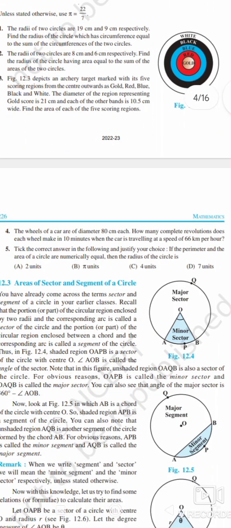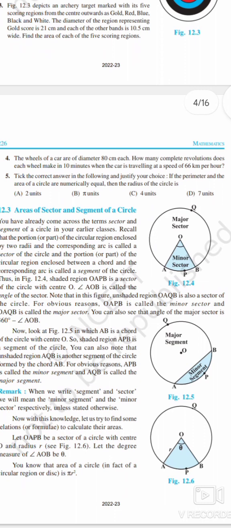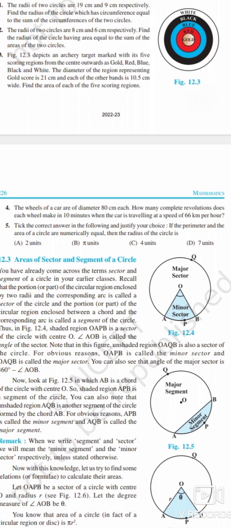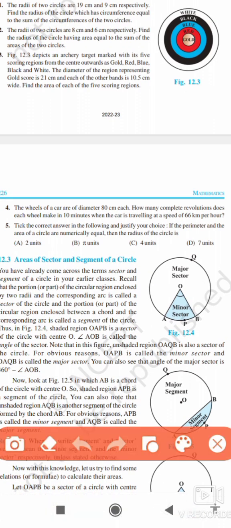The second sum states that the radii of two circles are 8 centimeter and 6 centimeter respectively. Find the radius of the circle having an area equal to the sum of the areas of the two circles. Again, A is equal to A1 plus A2.